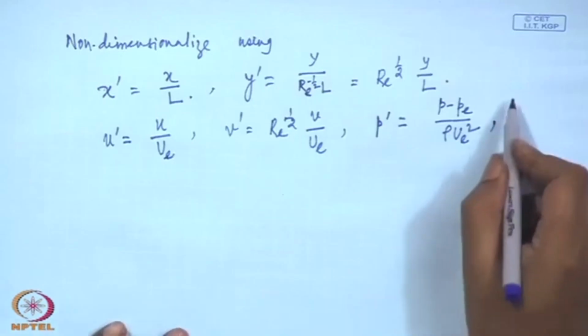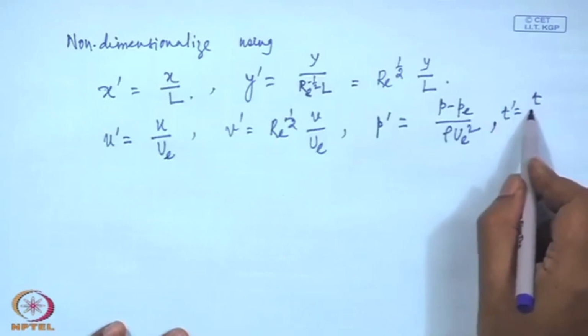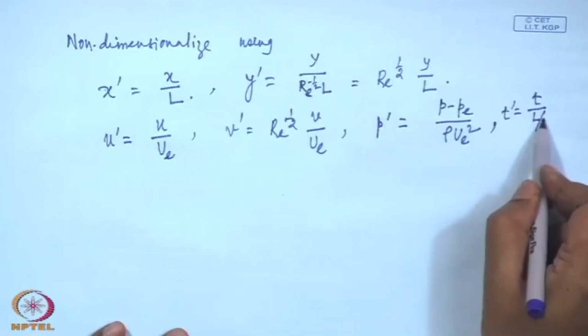And T prime of course you can think of as T by L by U e.